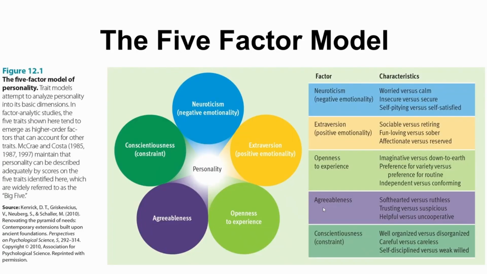Now, for these different models, there are a couple of them that you'll see fairly commonly, but the big one in psychology is called the Big Five, or the five-factor model. So you've probably heard of this. This is talked about all the time, and a lot of the examples that I use actually come from this model.